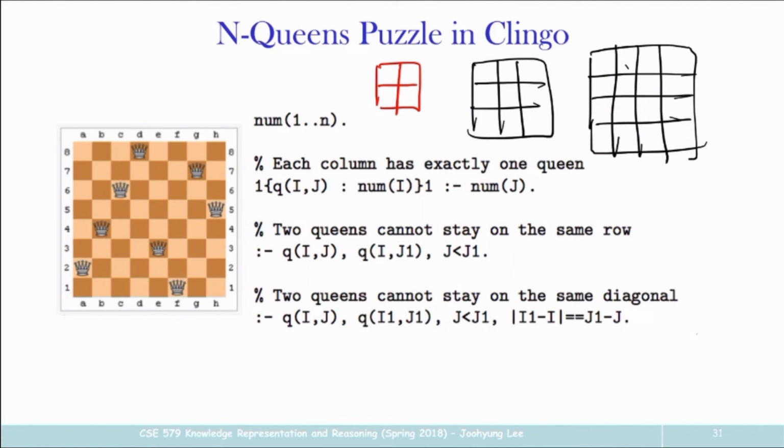Raise your hand if you want to try. Yeah. 1, 2. Then 2, 4. 3, 1. 4, 3. Is this the only one? No, there's another one which you get by flipping 90 degrees. So there are actually 2 solutions. Okay, good. How about 5?